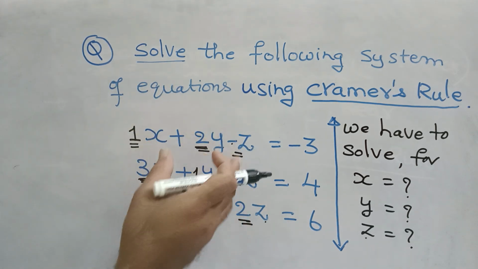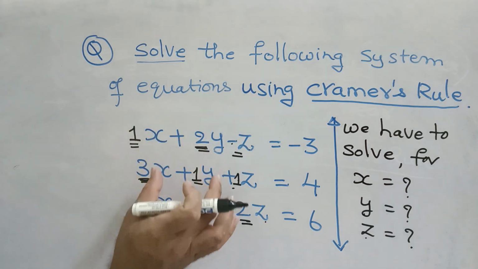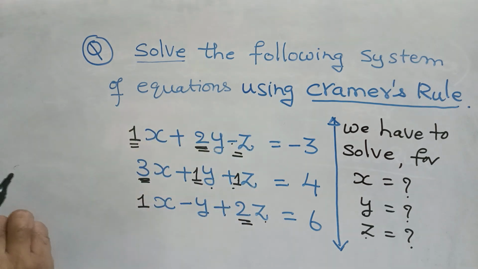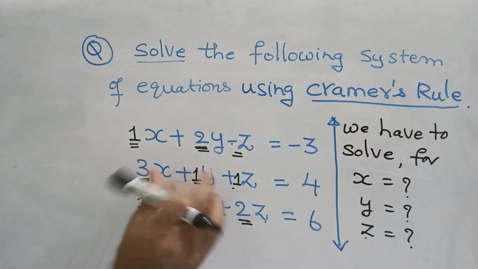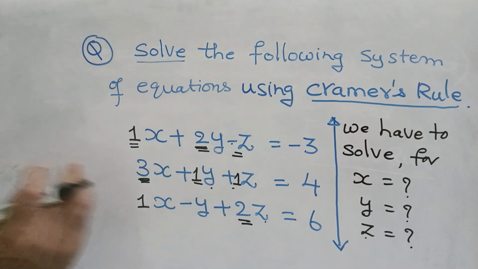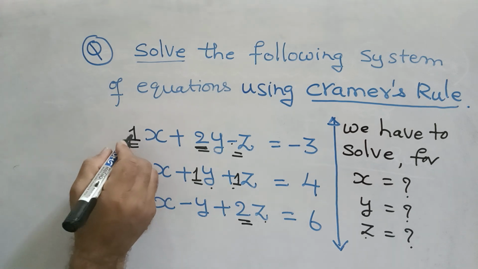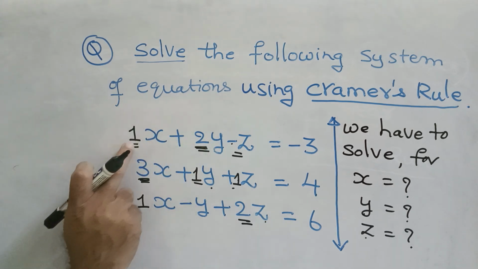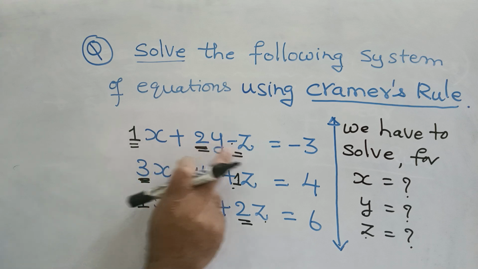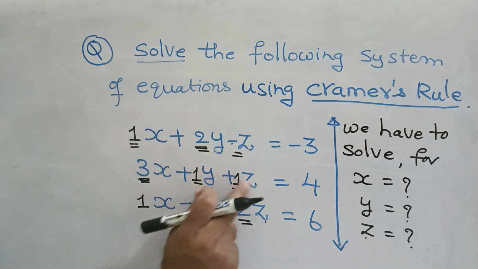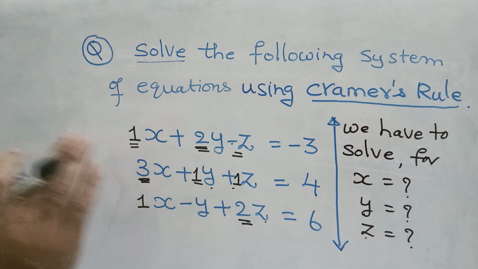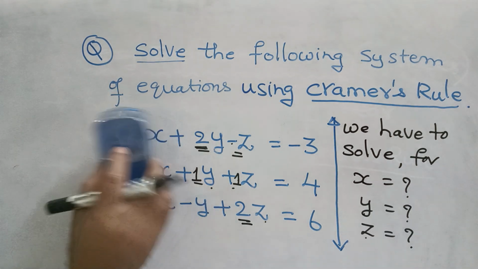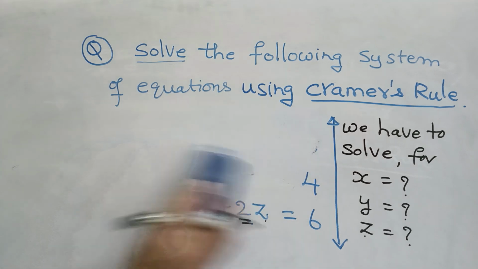We can get a 3 by 3 matrix from these equations. Remember that, by considering the coefficients of x, y, z, we have to form the matrix. Let us see how I am going to form the matrix here.